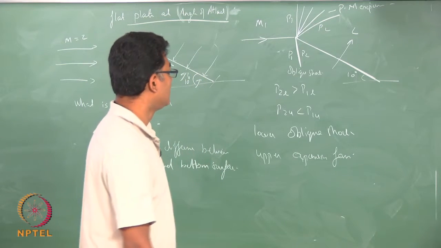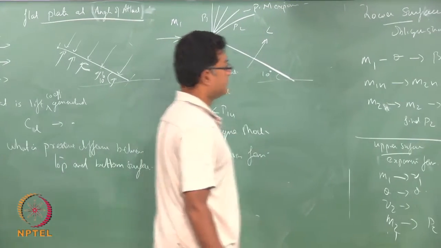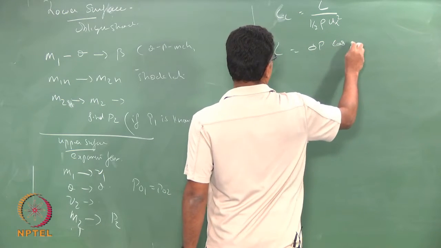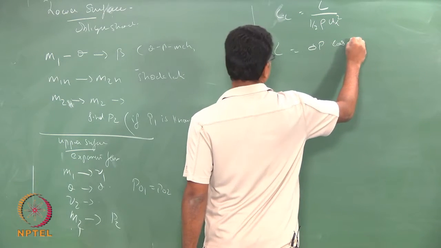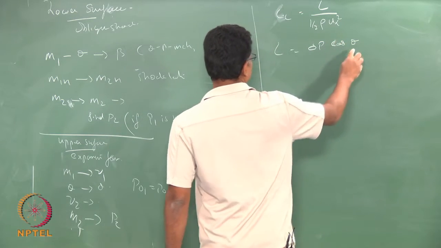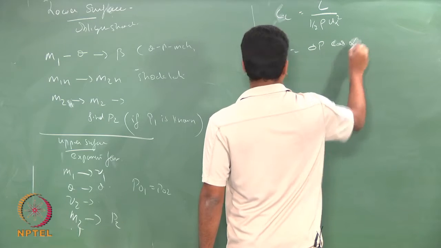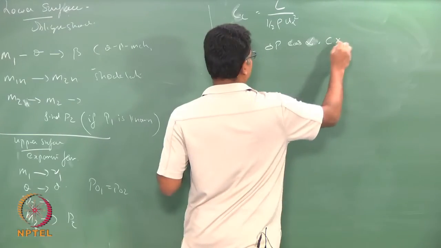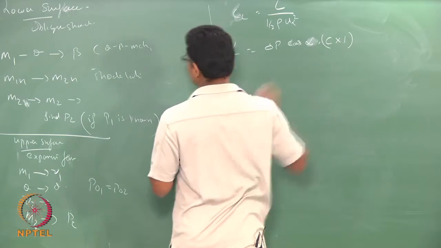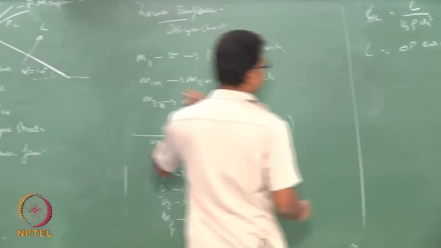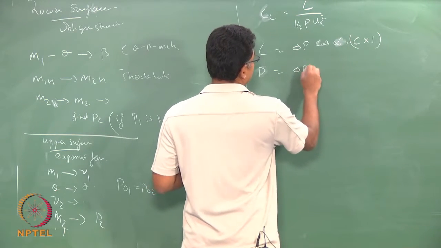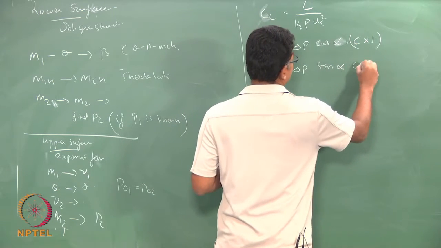So, your lift will be delta P cos alpha, where alpha is the angle of attack, 10 degrees, times the area, which is C into 1, the area along the perpendicular to the board, and your drag force is delta P sin alpha times C into 1.